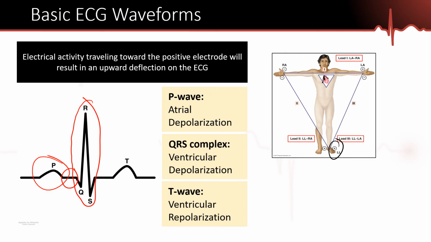Okay. What is the QRS complex? Well, it's the action potential propagating throughout the interventricular septum down towards the apex and then up towards the upper parts of the left and right ventricles. Okay. The whole action potential is mostly headed towards the positive electrode.